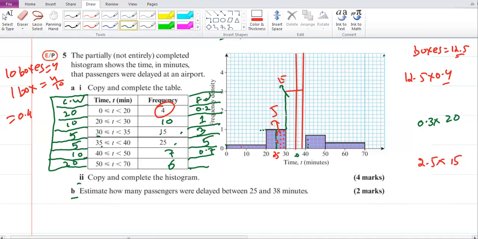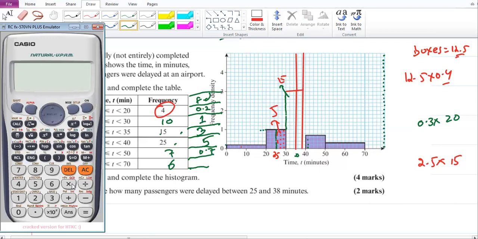I can calculate this: 1, 2, 3, 4, 5, 6, 7, 8, 9, 10, 11, 12, 13, 14, 15, 16, 17, 18, 19, 20, 21, 22, 23, 24, 25. These are actually 25 boxes. Okay. So 25 plus, and this one is half because this is not a full box. So 25 divided by 2.